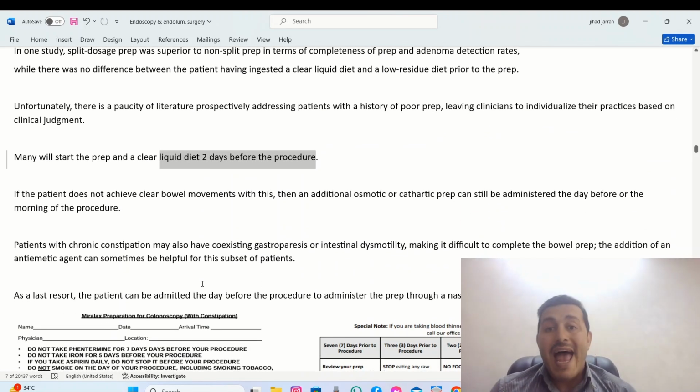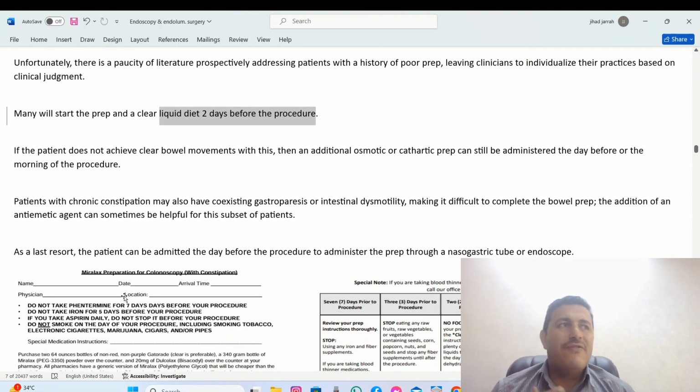We can add more osmotic agent, of course with caution. Many patients will have a kind of intestinal motility disorder, gastroparesis, so antiemetic may be helpful. Or finally, we can admit the patient and give this agent through a nasogastric tube or rectal tube.